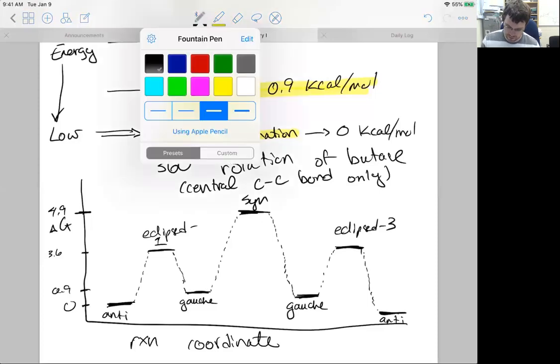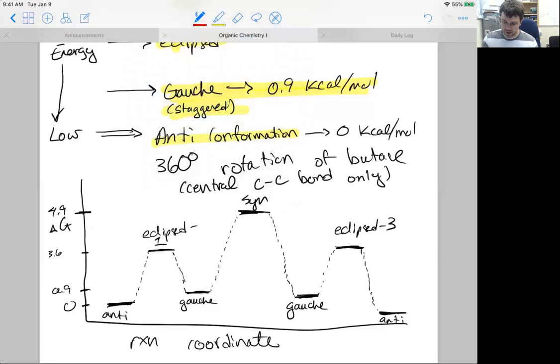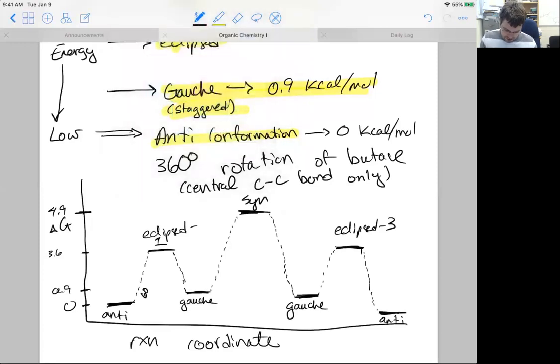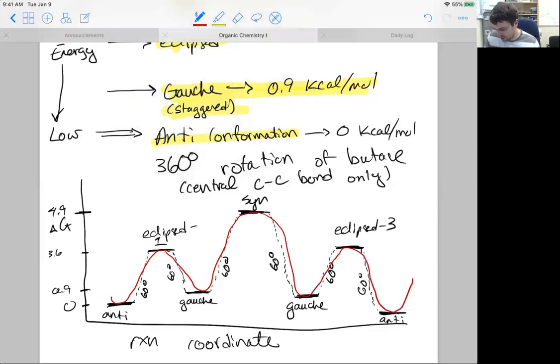And sometimes it's helpful to draw these dashed lines, because in the context of conformations, we see that we have 60 degrees, 60 degrees, 60 degrees, just like with ethane. And it is sometimes helpful to think about the potential energy surface with the curves. We can see this overall shape.